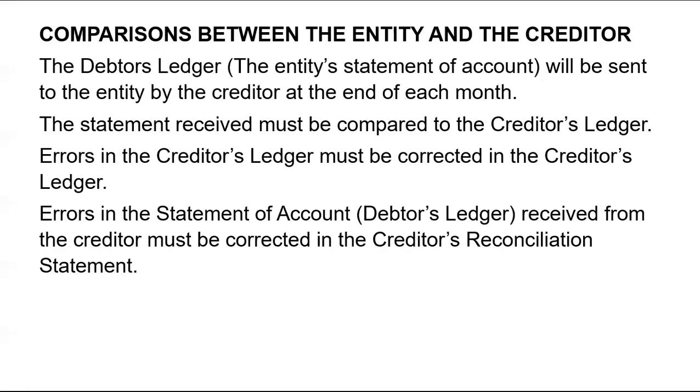Please note two things that you need to pick up here. The errors that are in the creditor's ledger must be corrected in the creditor's ledger. The errors that are in the debtor's ledger, i.e. the statement of account, must be corrected in the creditor's reconciliation statement.